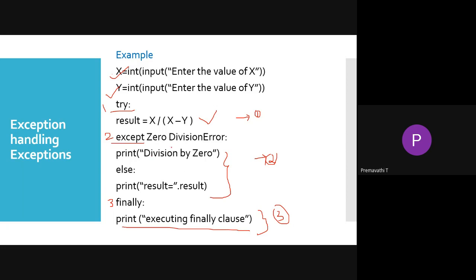If the error occurs, this statement will be executed: division by zero error, or it will print the result. So here, whether the error is raised or not, the finally block has been executed and it will be printed in your output.